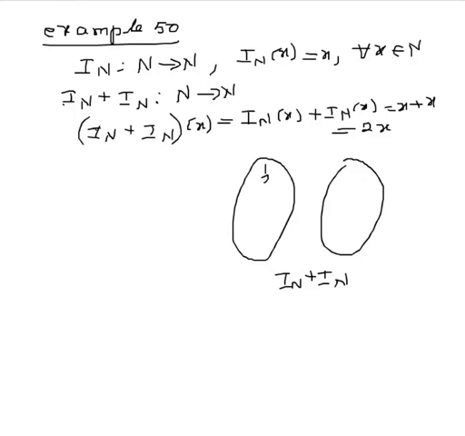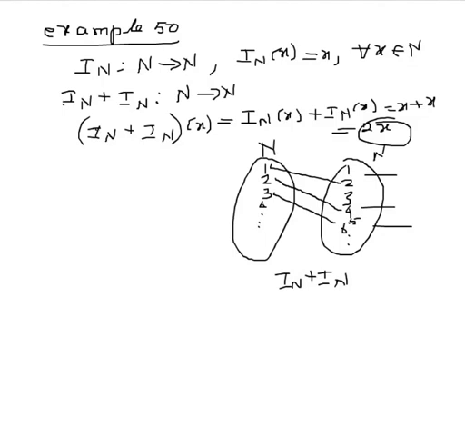It is from set N to N, 1, 2, 3, 4, 5, etc. For 1, it is 2x. 2 times 1 is 2, 2 times 2 is 4, 2 times 3 is 6, etc. Now, if you see, the images are all even numbers because of 2x. So, for odd numbers, we don't have pre-images. So, you can write that reason. You can give one counter example.